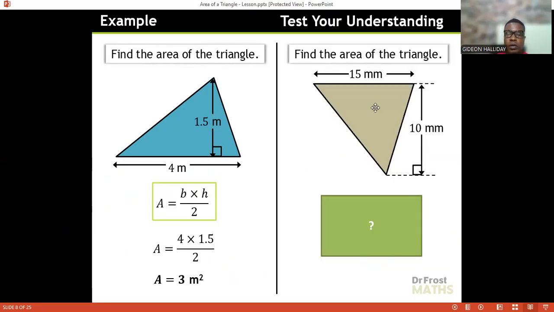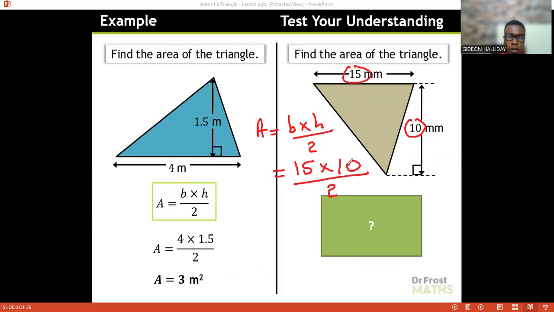Okay, so you should try this one. Pause the video. So area equals base times height over 2. So what's your base? Your base is 15. And then what's your height? 10. Good. Now, if you cancel 10 by 2, that's possible, right?